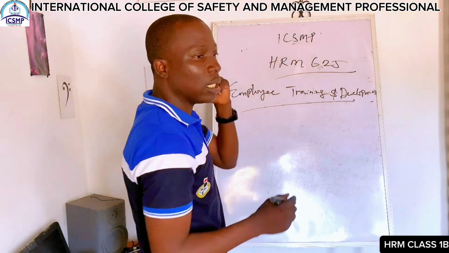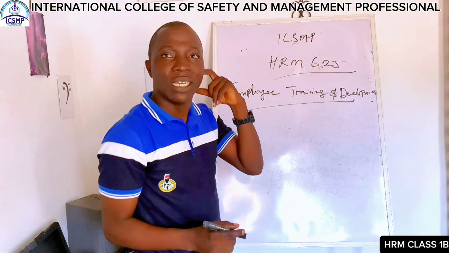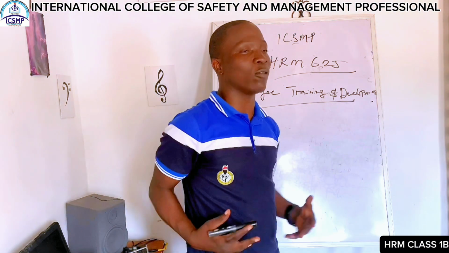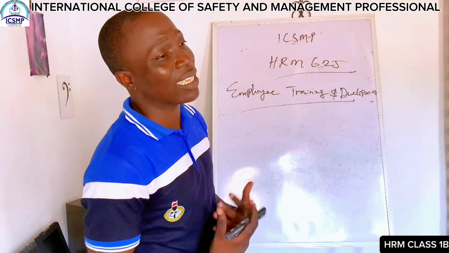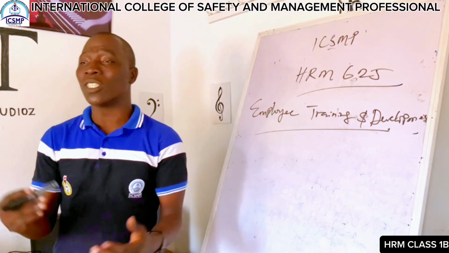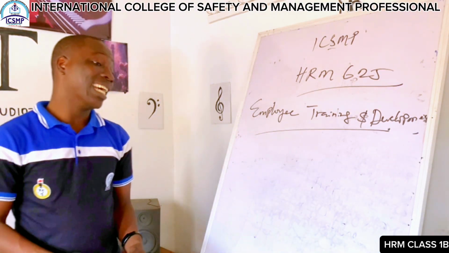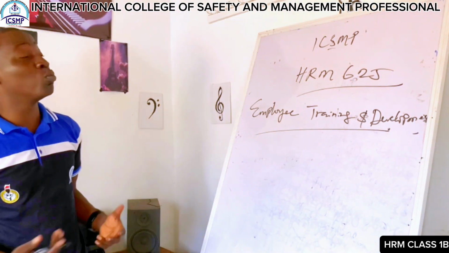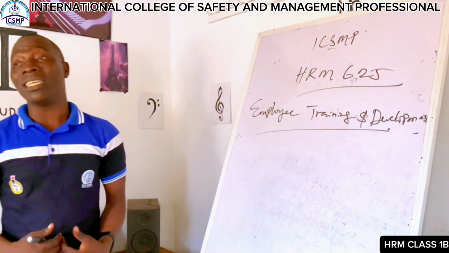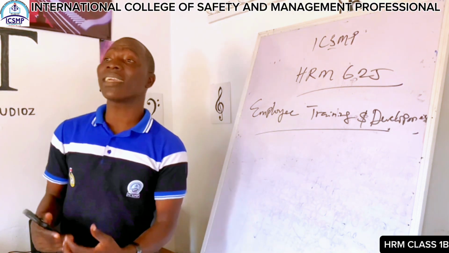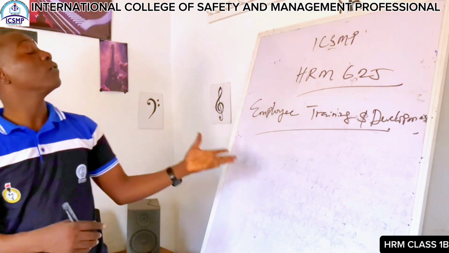Now, it is not enough that you recruit into an organization. An employee coming to an organization may not understand the goals and the visions of that organization. And that is why you must do everything to make sure you familiarize the employee with the success mathematics of the organization.